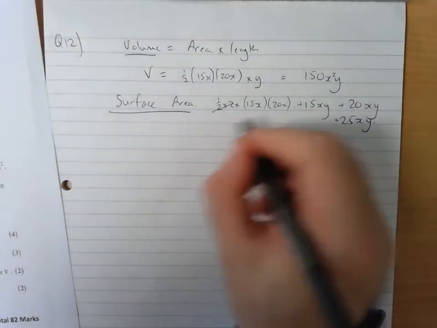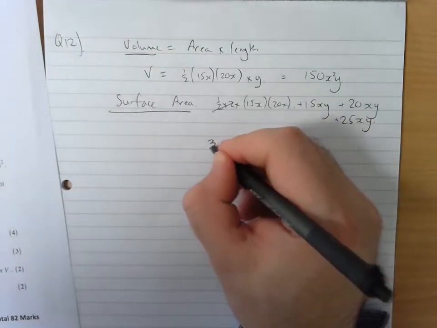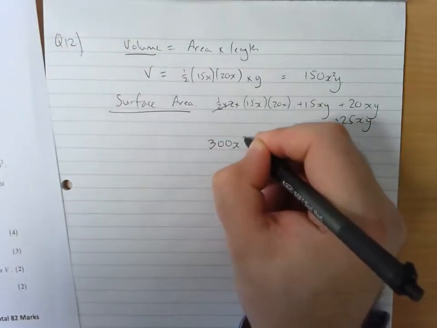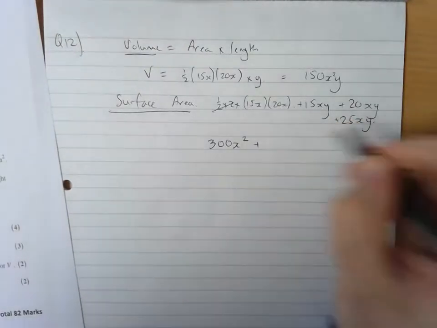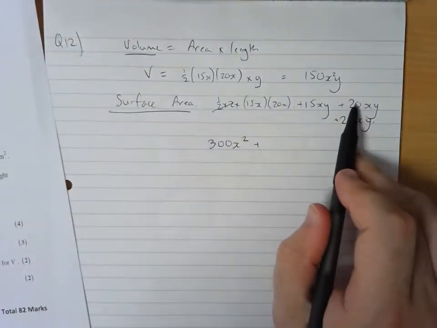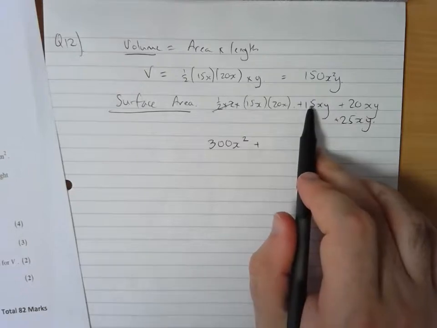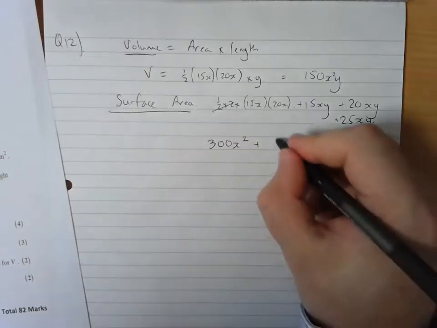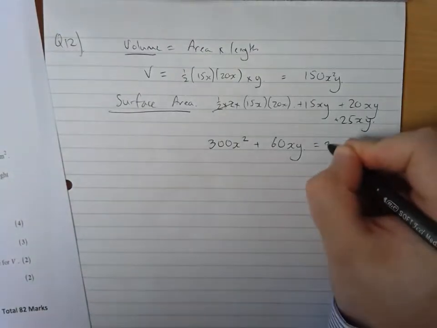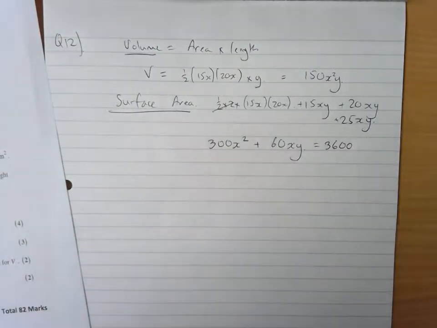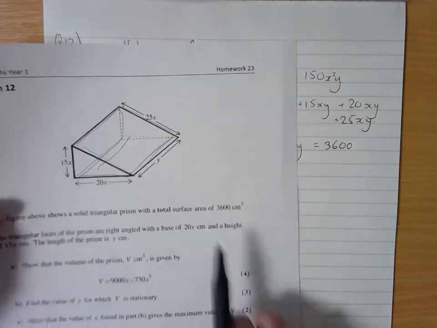So we have 300x squared from here, from 15 times 20, plus 25 plus 20 plus 15, xy. So this gives us 40, this gives us 60xy. And we know that this has to be equal to 3600, because we were given that as a fact in the question.